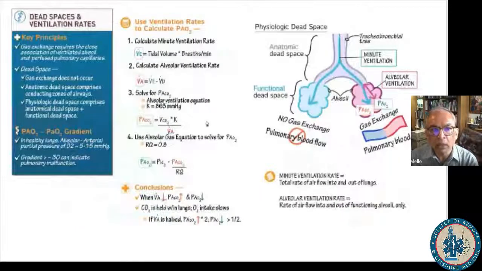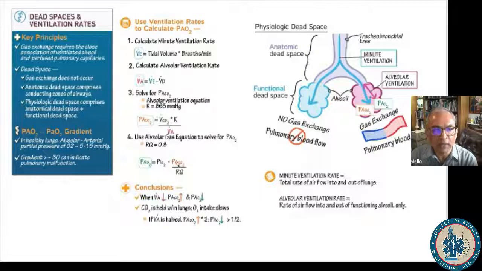Now, when you have time, I've put this up because this shows you the difference between functional dead space, where there's no gas exchange and no pulmonary blood flow, whilst in the normal you have good exchange and good pulmonary blood flow.